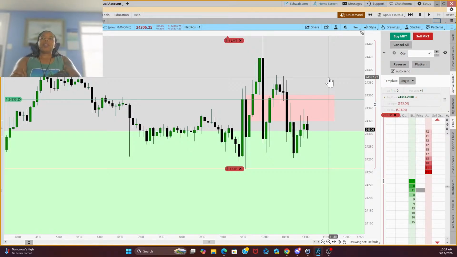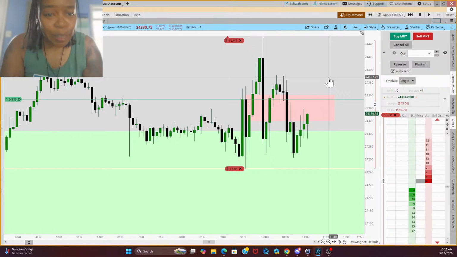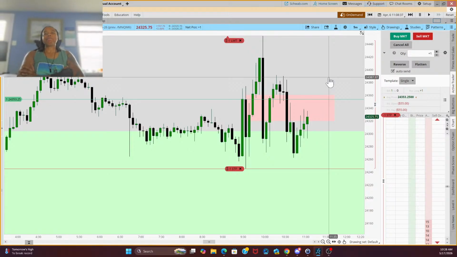So we're stuck between two PD arrays. I'm hoping the higher time frame PD array will win out in this very bullish environment. And that's how I've learned to not move my stop too prematurely, because NQ has kicked me in the face multiple times once I've done that. So I have very strict rules as to when I move my stop.